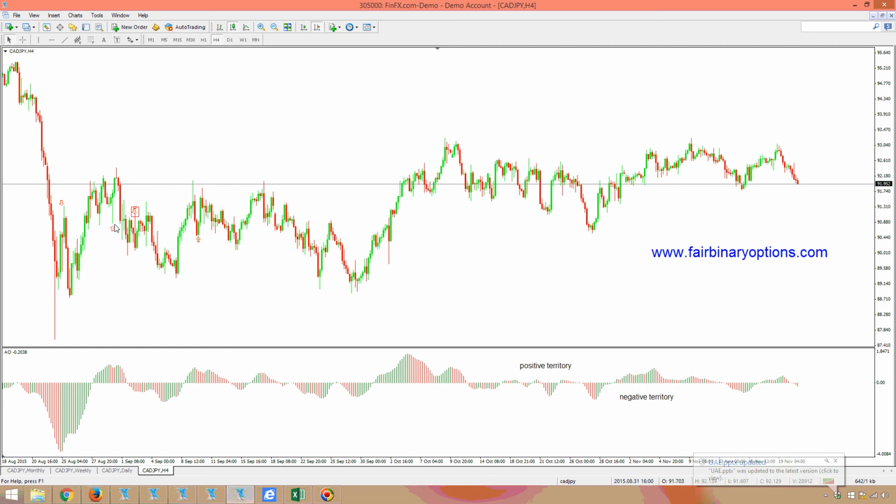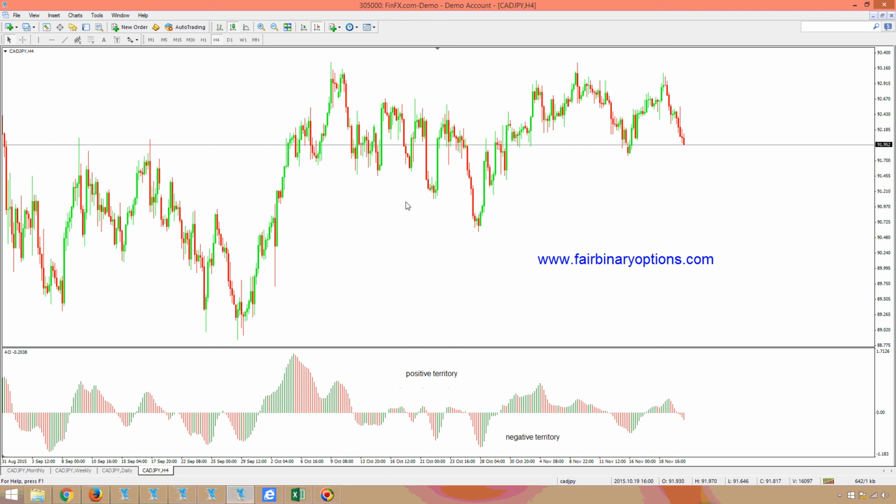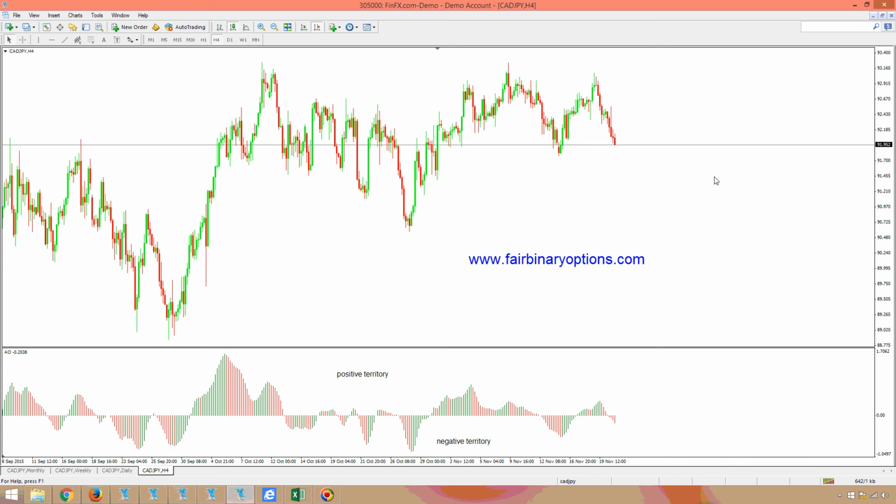Let me take these arrows as they were from a different interpretation, like this. So positive and negative. And we said that the first thing we want to look for is when the market is moving from positive to negative territory, in order to find the continuation pattern and trade it.